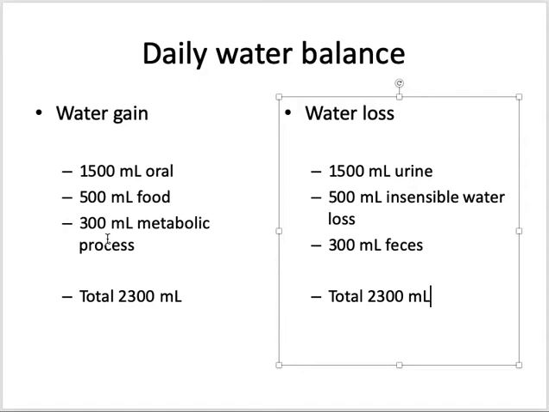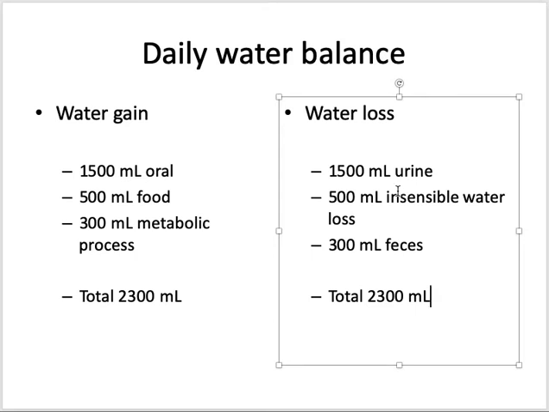The water produced in the metabolic processes is basically going out in the form of feces. This is also called insensible water loss. Of course, in hot weather we lose more water, and in cold weather we lose less.